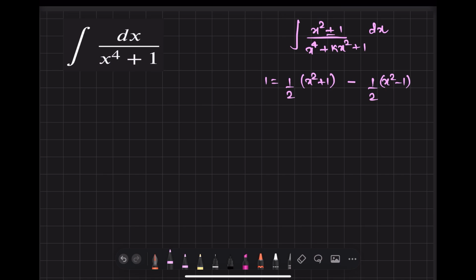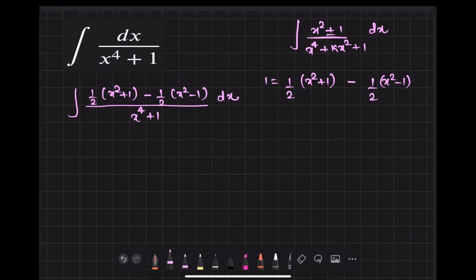So can I write 1 as this thing? So let's update the question. We will be having 1 by 2 x square plus 1 minus 1 by 2 x square minus 1, upon the same thing, x to the power 4 plus 1 dx.